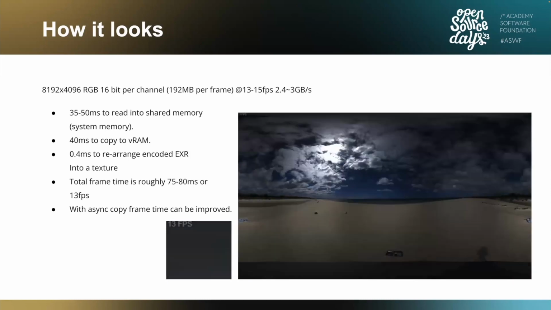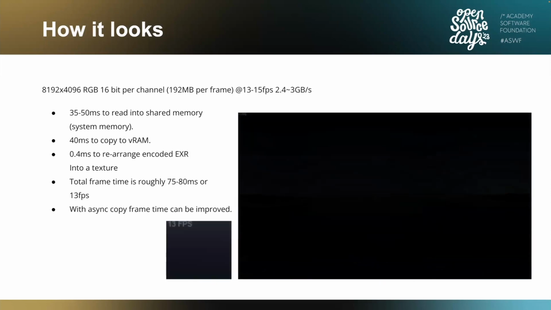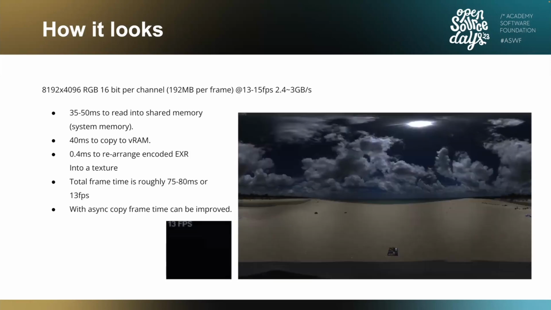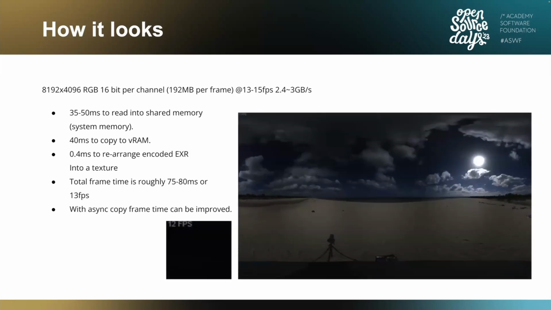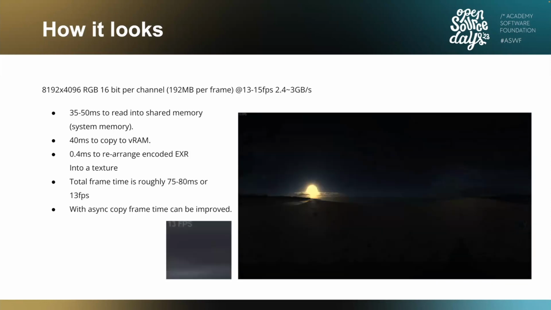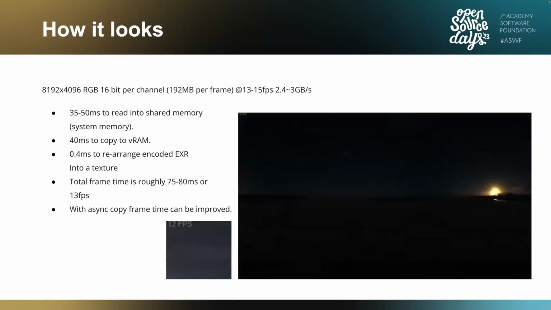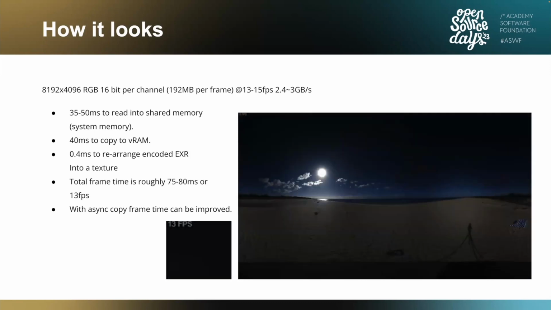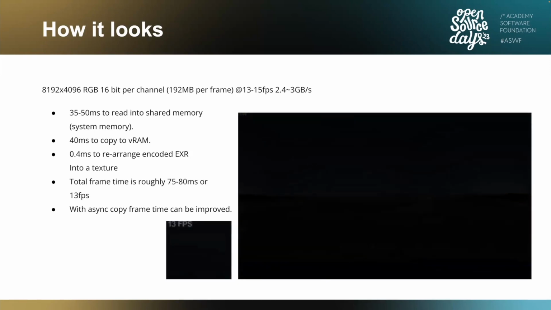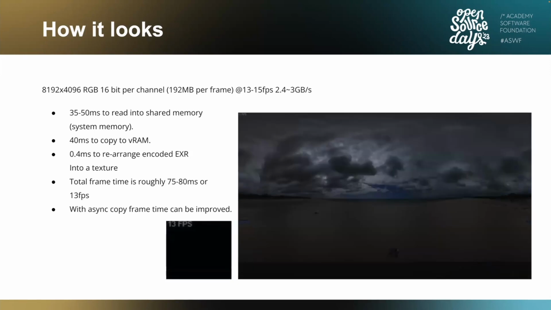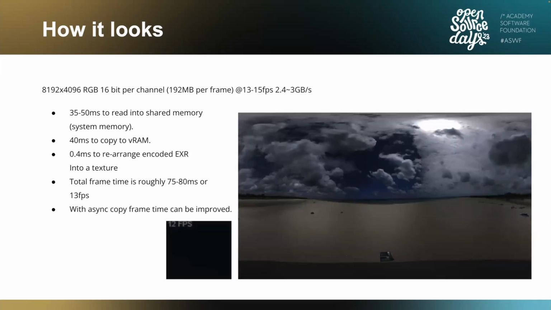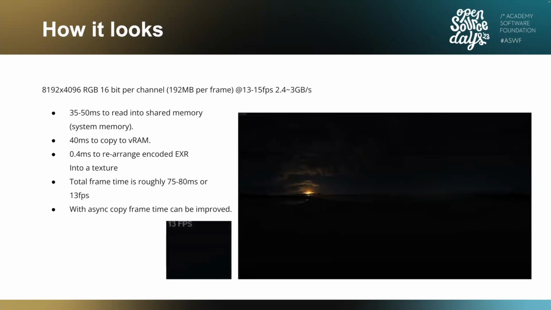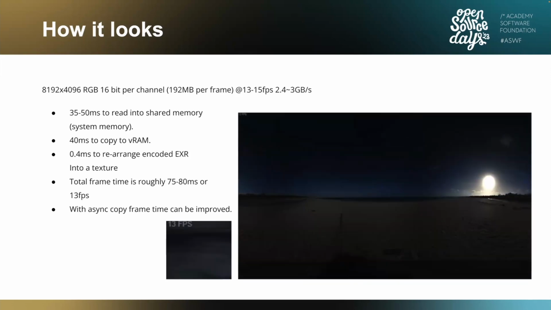It's 35 to 50 milliseconds to read into shared memory, which is system memory, 40 milliseconds to copy from system memory to VRAM, and 0.4 milliseconds to decode EXR into the actual texture. That equates to roughly 75 to 80 milliseconds, or 13 frames per second. It is improved further in Unreal Engine by copying asynchronously and displaying the results the next frame. Next slide, please.